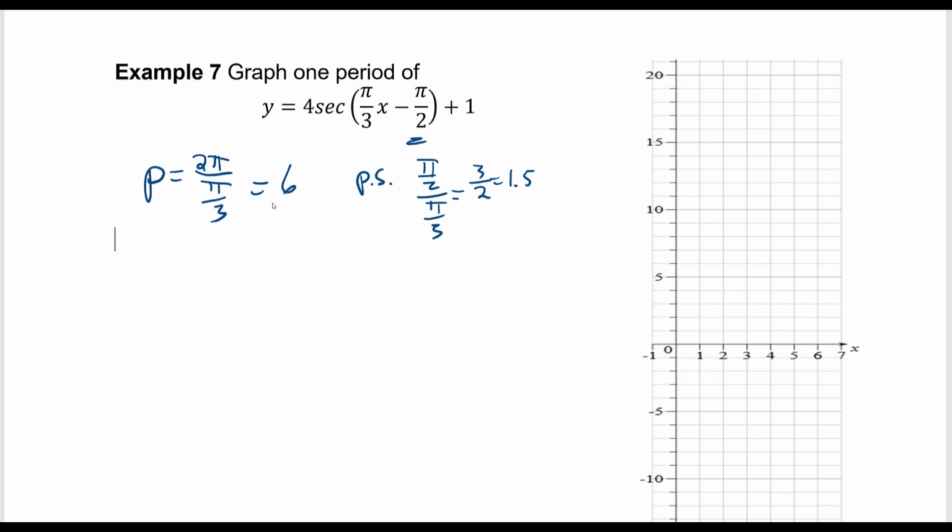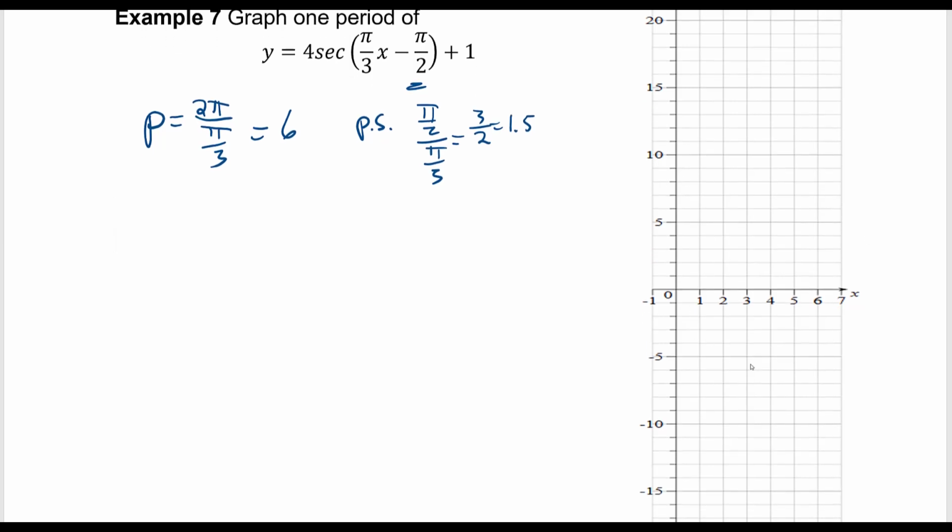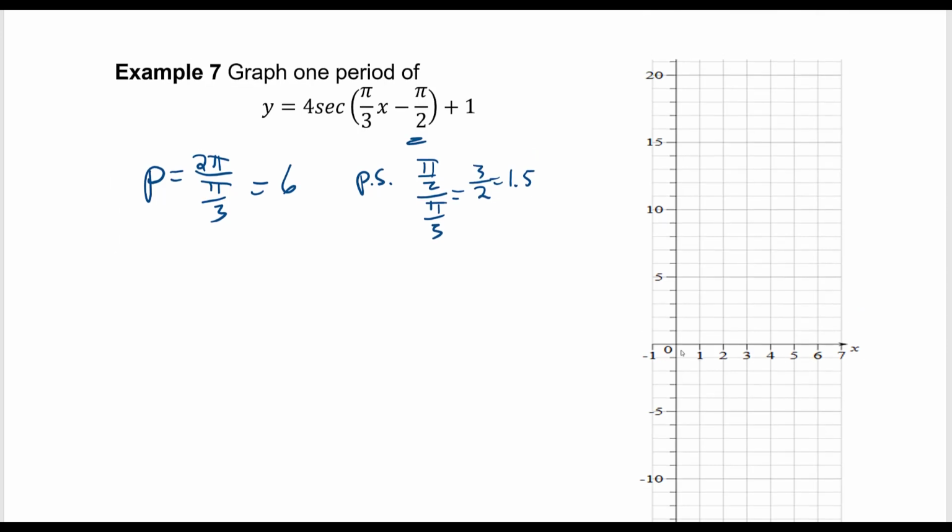So with a period of 6, it would have gone from, boy, it's tough to visualize this, negative pi over 2, but now that we're shifted and coming up with a new period, this is why I made this graph the way it is. The period will go from 0 to 6. And let me just try to express why.